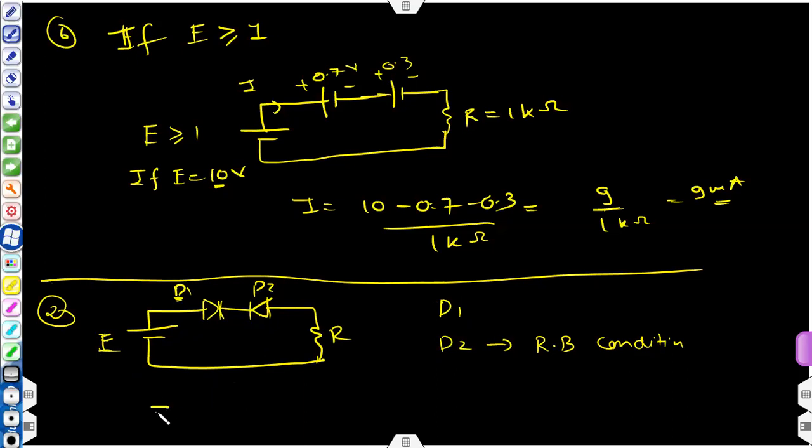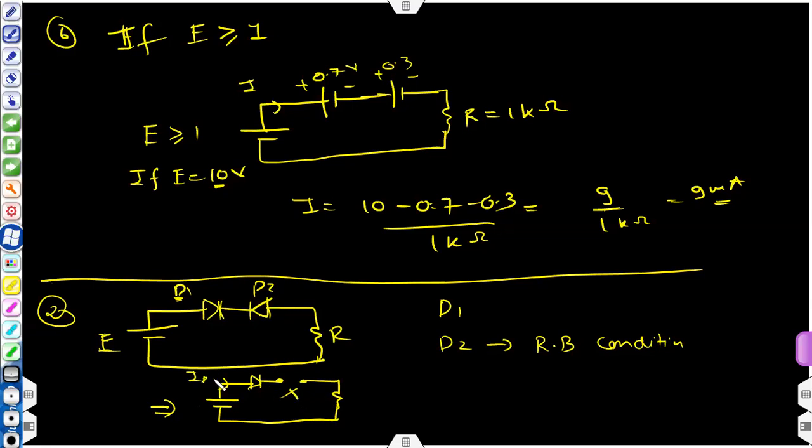So the equivalent circuit for this one will be something like this. No matter if D1 is in forward bias, reverse bias, or whatever region, D2 will always be off, and you have to show it by an open circuit.